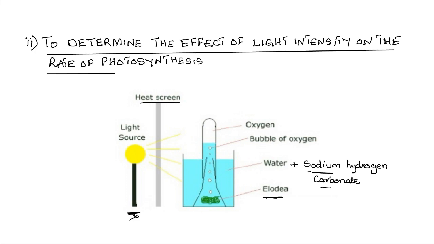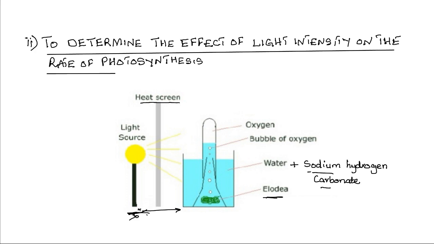Now we can vary light intensity by varying the distance between the lamp and the plant. The longer the distance, the lower the light intensity. And the shorter the distance, the higher the light intensity.